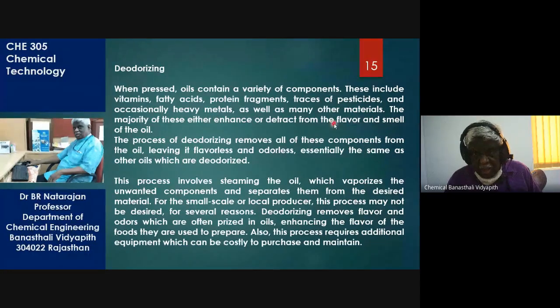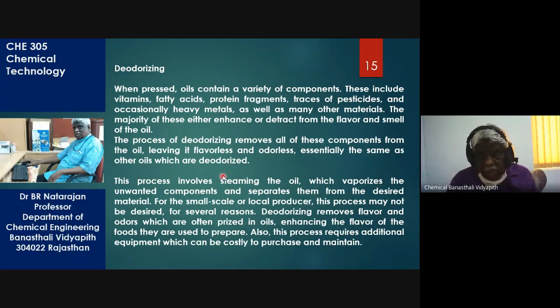The majority of these either enhance or detract from the flavor and smell of the oil. So the process of deodorizing removes all these components from the oil, leaving it flavorless and odorless, essentially the same as other oils which are deodorized.